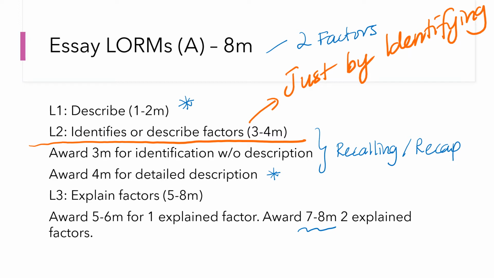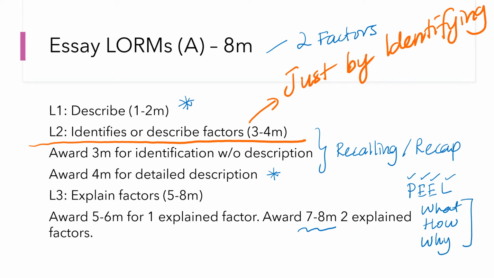Okay, and when we talk about explaining, when we say explain, there must be a very clear method of writing. So some of you are very familiar with PEEL, okay: point, examples, explain the examples, and the link. Or some of you will be quite familiar with the what, how, and why.